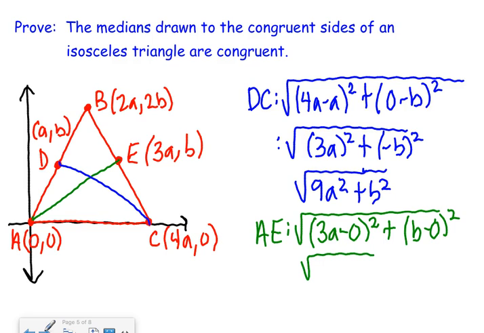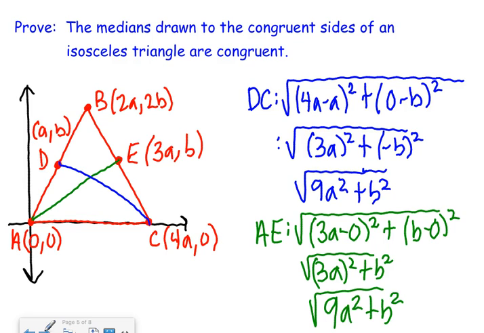Then I'm left with 3A squared plus B squared. And did we already decide that this was 9A squared? So did I end up with the exact same thing? Yeah. That's how we prove it. So this guy is equal to this guy.